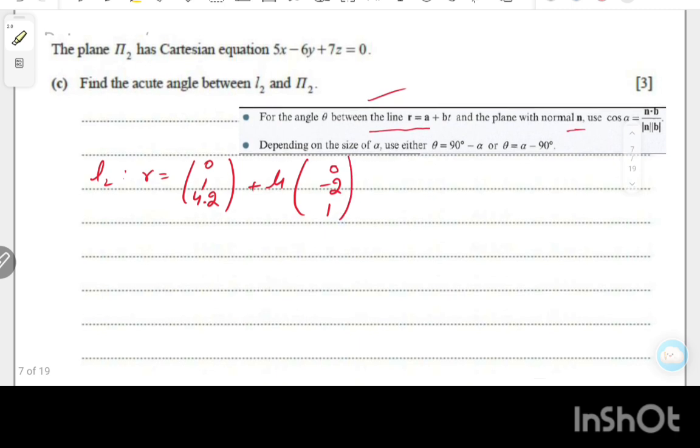We also know cos theta. What is cos theta?